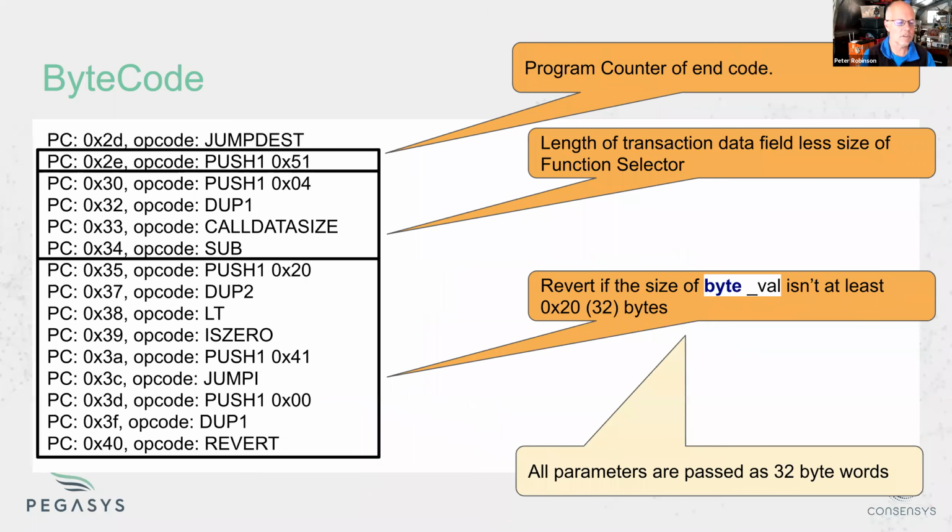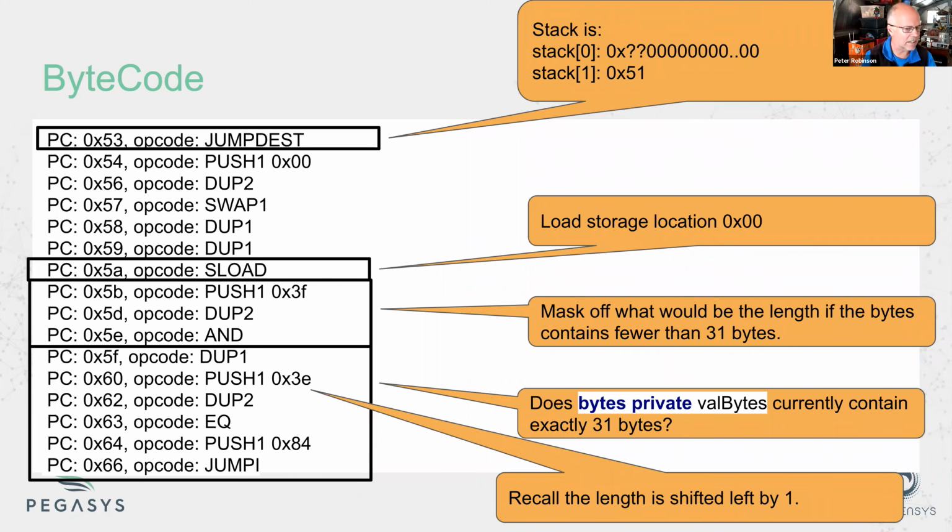Then we push 3E onto the stack and ask, is this length plus that bit perfectly equal to 3E? Because if it is, then the actual length is 1F and the bottom bit is 0.